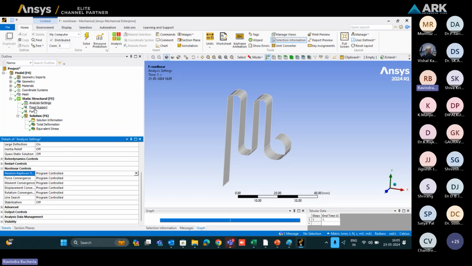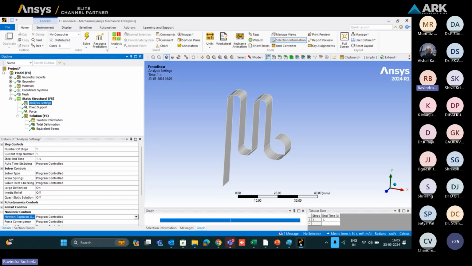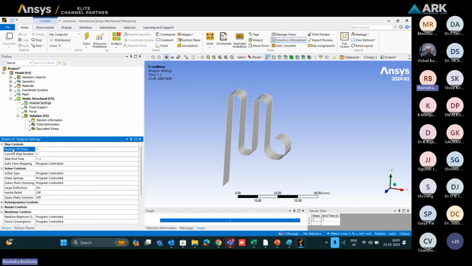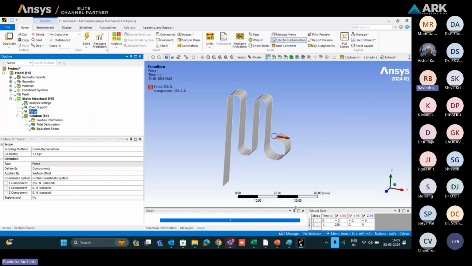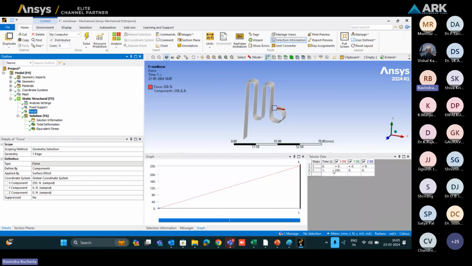If you come to analysis settings, we will be seeing things like number of steps, current number of steps, step end time, and auto time stepping. So first we will see these four things. I applied a force of 250 newtons in a single step.